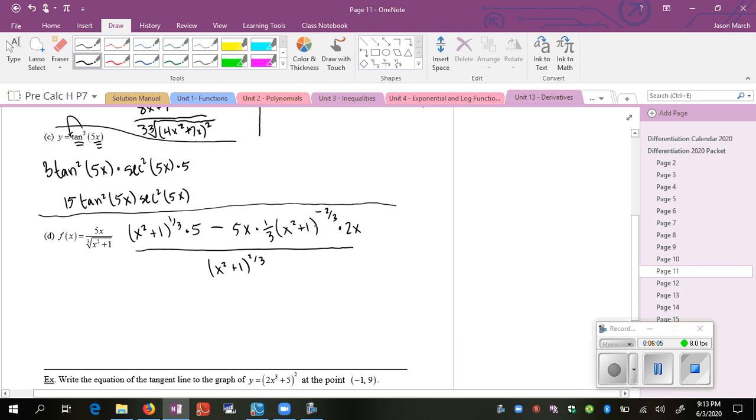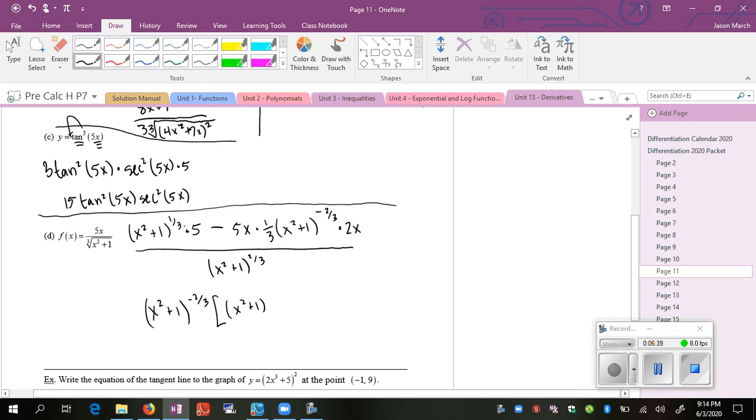So I have an x squared plus 1 to the negative 2/3 that I'm going to factor out of the numerator. So if I do that here, the numerator now looks like, if I factor out x squared plus 1 to the negative 2/3, for that one, we just get x squared plus 1.